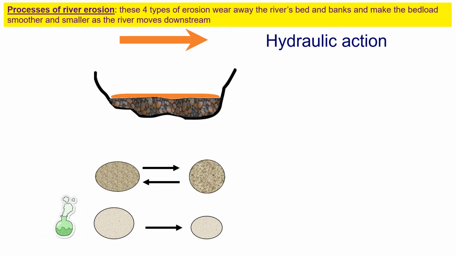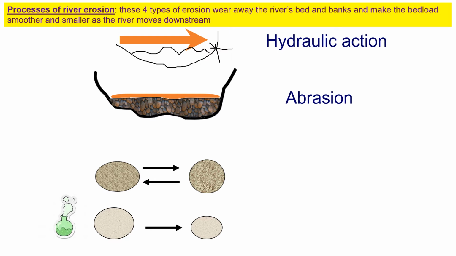Okay, and obviously the force of the water on the side of the riverbed will loosen the rock and increase the size of the cracks. So it's the sheer force of the water on the sides of the riverbed, and it forces the cracks open and weakens the rock.